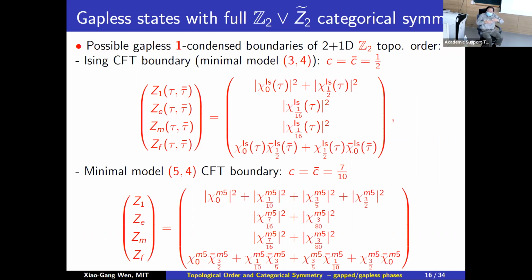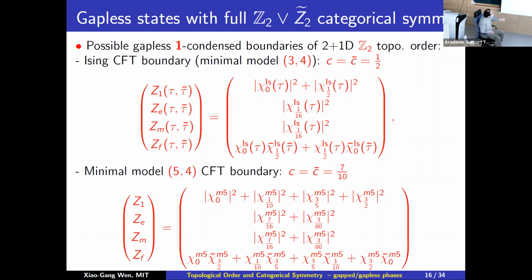So usually when we say the Z2 symmetry breaking critical point is the Ising model, we refer to this most stable, minimal central charge CFT. And it's the same thing here. When we say categorical symmetry determines the gapless states, we refer to these canonical, most stable states.